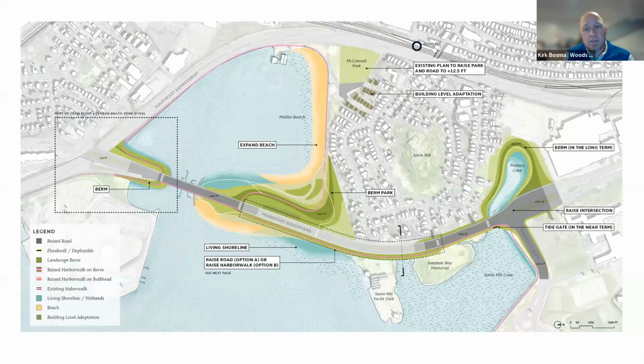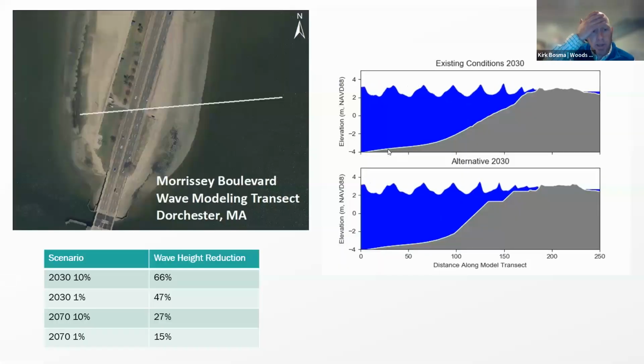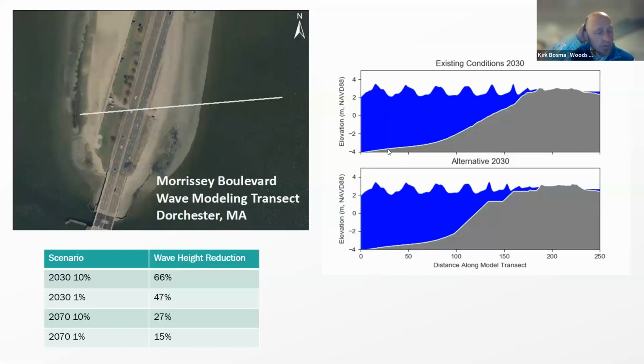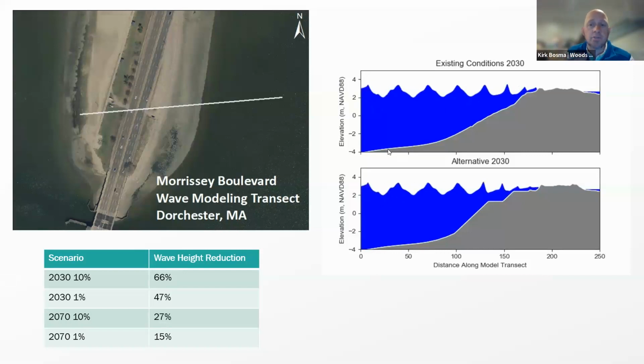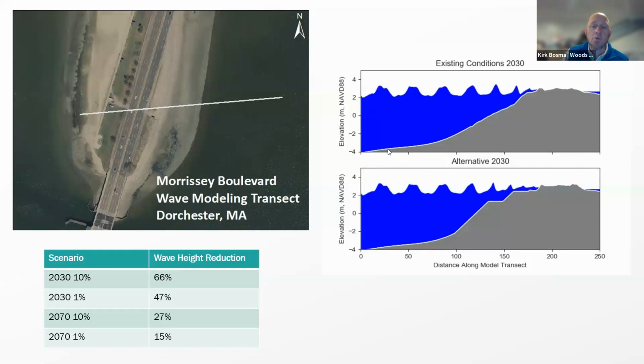Morrissey Boulevard is a project that's happening right now, but we initially evaluated this as part of Climate Ready Dorchester, again using MC-FRM results to inform a more site-specific model for assessing performance. Here, for example, is one location on Morrissey Boulevard, where they were looking at living shorelines and potential nature-based solutions, asking whether this made sense as opposed to just raising the road, when we think about wave energy and erosion.